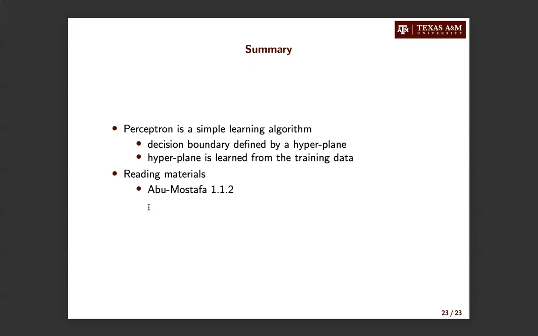We saw an iterative greedy algorithm that adjusts the hyperplane according to the misclassified samples. We also discussed that this greedy algorithm is guaranteed to converge if our training samples are linearly separable, but obviously we cannot find a solution with this linear algorithm for non-linearly separable training data.